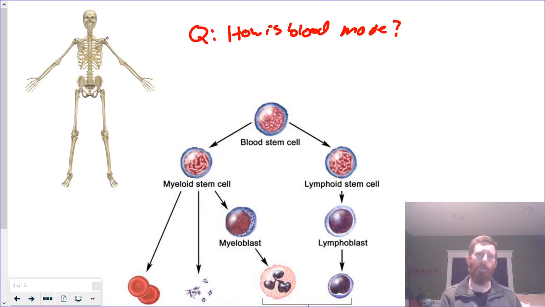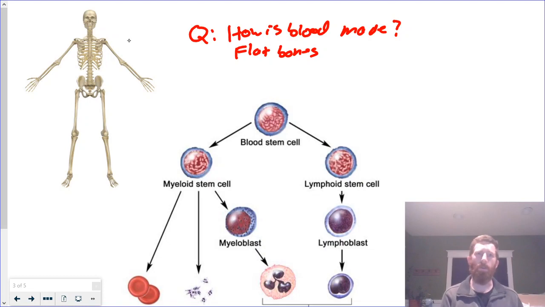All right, so obviously remember from our skeletal system that blood is made in our red bone marrow. Red bone marrow is mostly found in the flat bones, right? So the pelvis, all the bones of the skull, sternum, ribs, is what your book called out as the major blood makers.